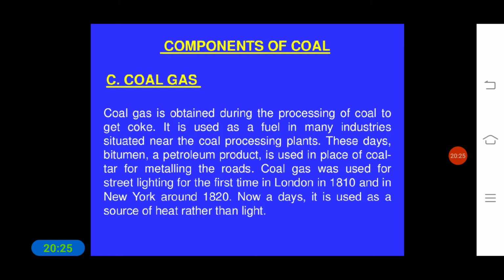The coal gas was used for street lighting for the first time in London in 1810 and in New York around 1820. Nowadays it is used as a source of heat rather than light.